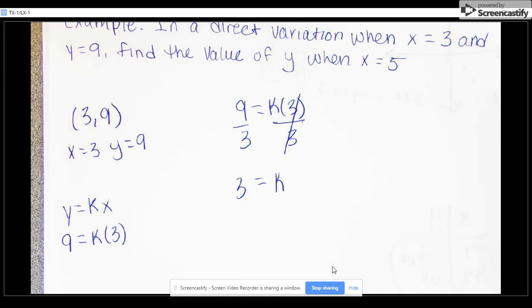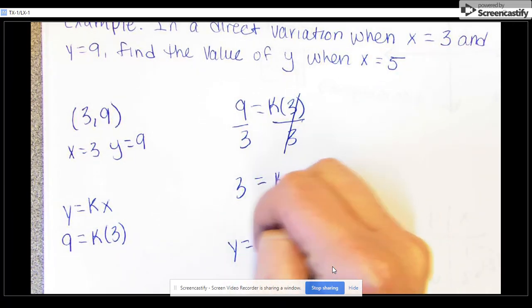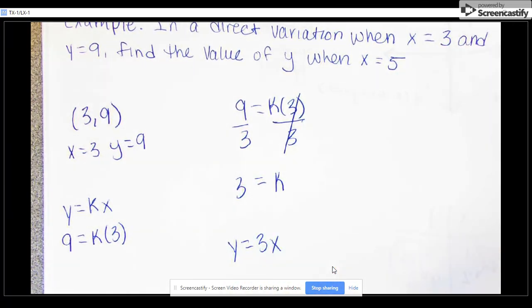Now I'm going to rewrite my equation with my new k value, but I'm going to leave x and y as just x and y. So my equation is going to be y equals 3 times x. Now I know what I'm going to multiply x by in order to get y. And to do that, I'm going to use the new value for x and put it in the equation.